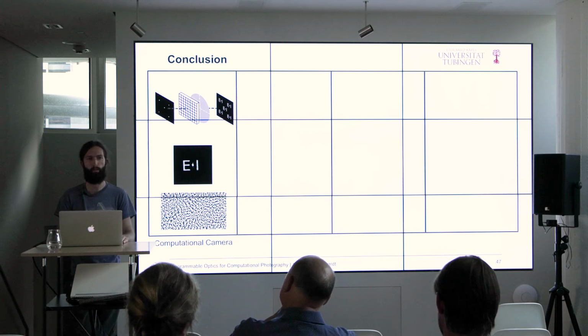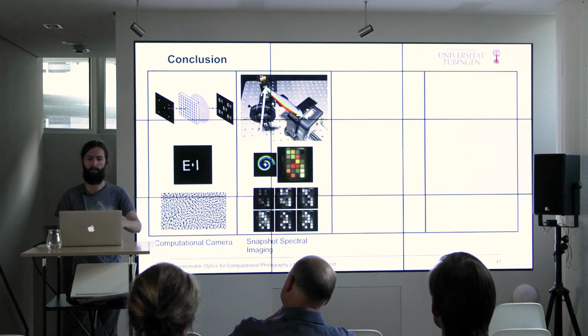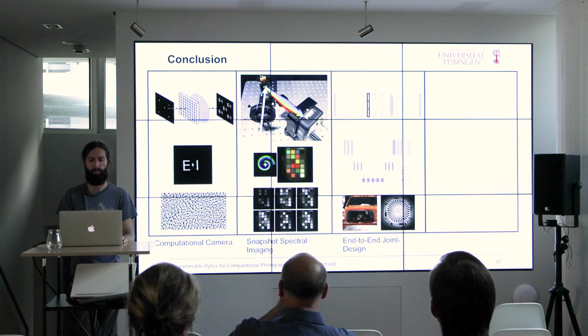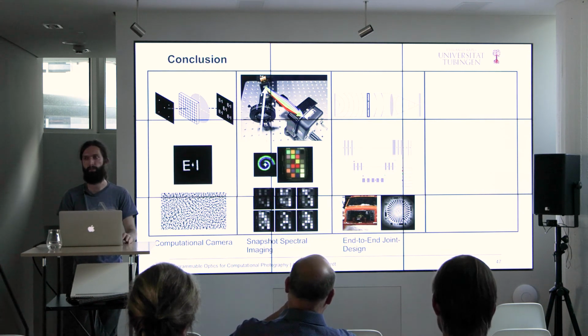So in summary, we saw this computational camera setup, which can do some things to our light waves in a way that we can control with something that's just a regular GPU, basically. We use this to control focus, to do some multispectral capturing, and to do end-to-end joint design for a specific purpose.